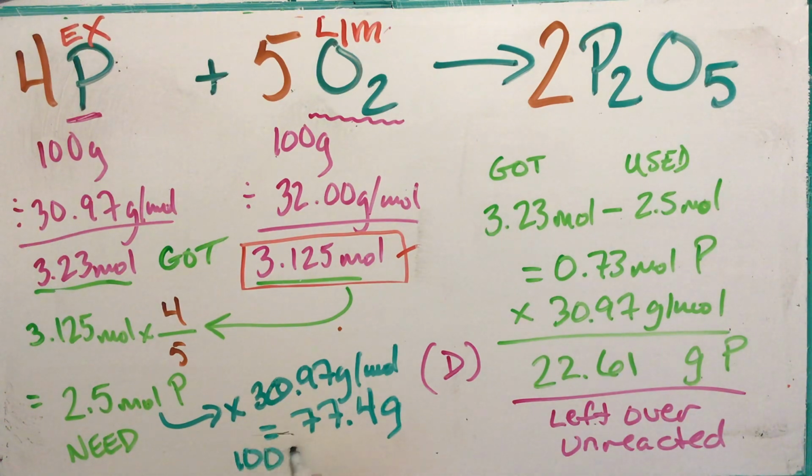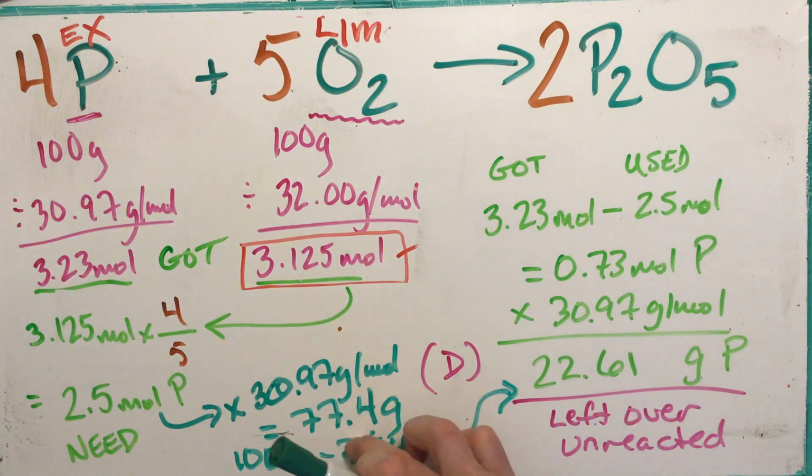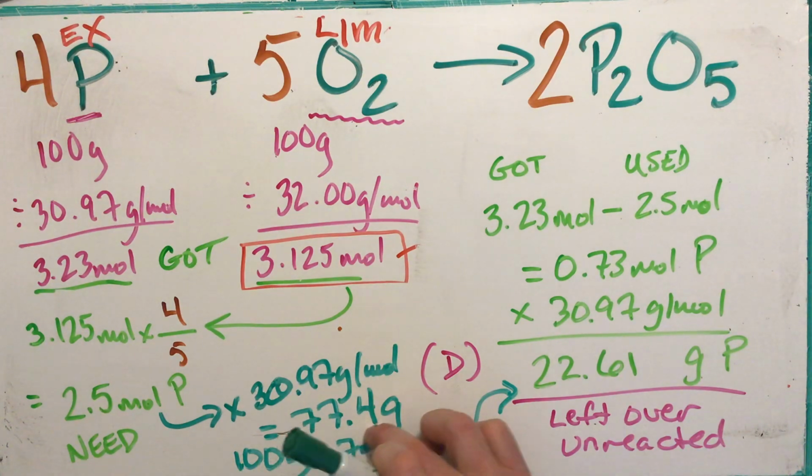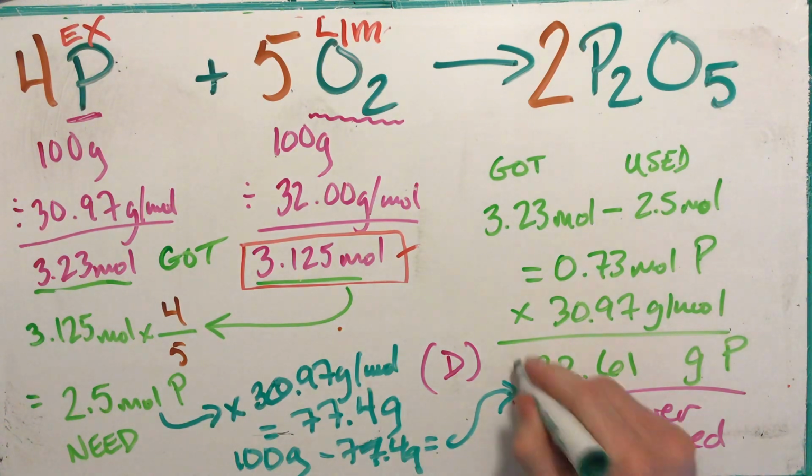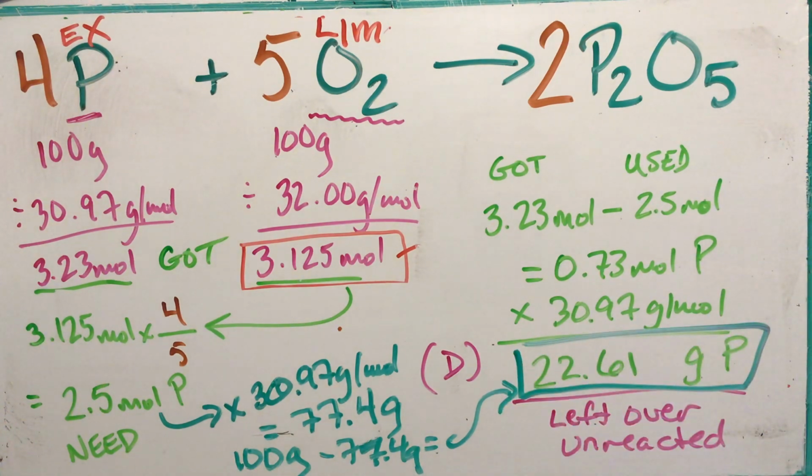Then I can take the 100 grams that I had and subtract the 77.4 grams, and I still would end up with 22.6. Either way, the dark green way or the light green way, they'll both get you the same answer, which is the proper answer.